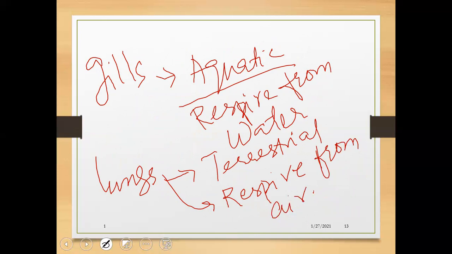So organisms that respire with the help of gills live in the aquatic medium, especially water, and organisms living on land require air. Lung breathers are especially reptiles, birds and mammals, and gill breathers are especially fishes.